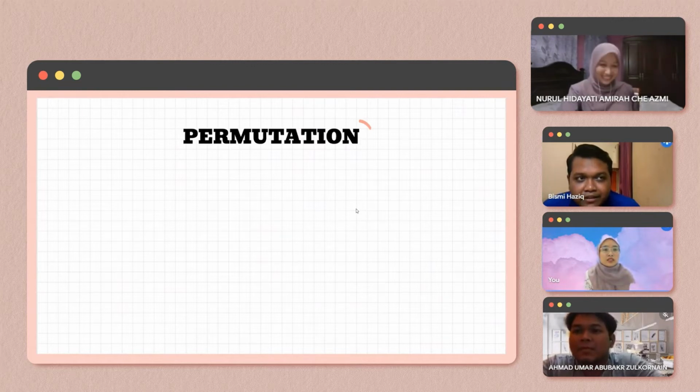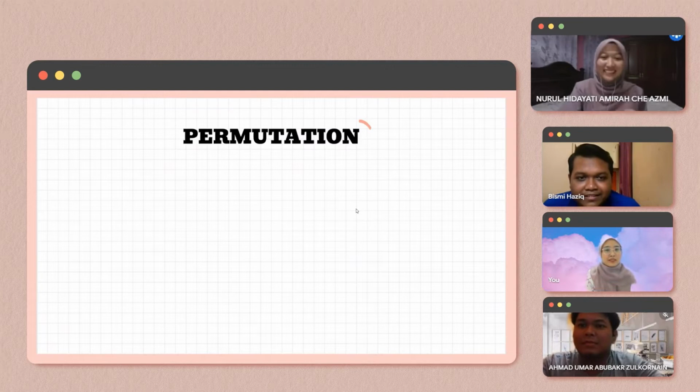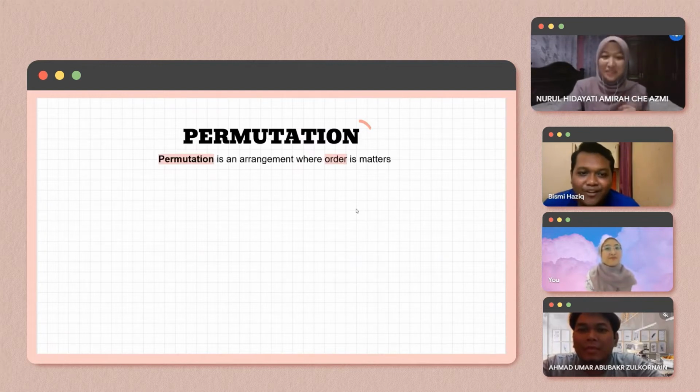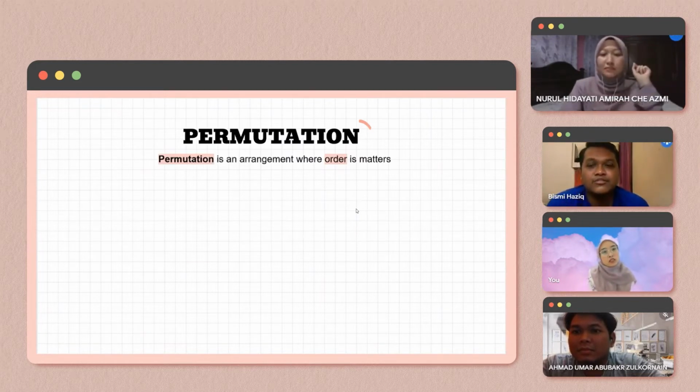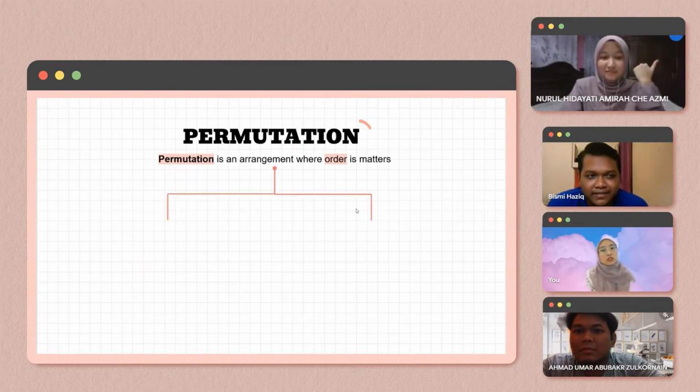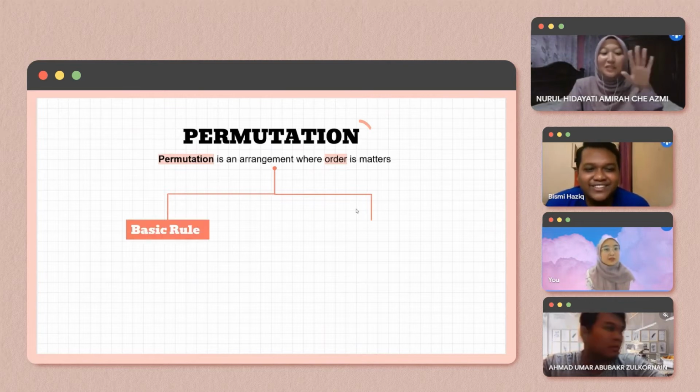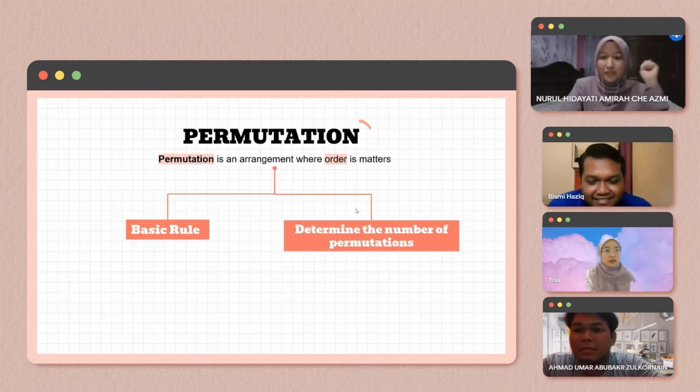Permutation is an arrangement where order matters. How many objectives did we learn today? Two. The first one is the basic rules, addition and multiplication, and the second one is determining the 3 situations.